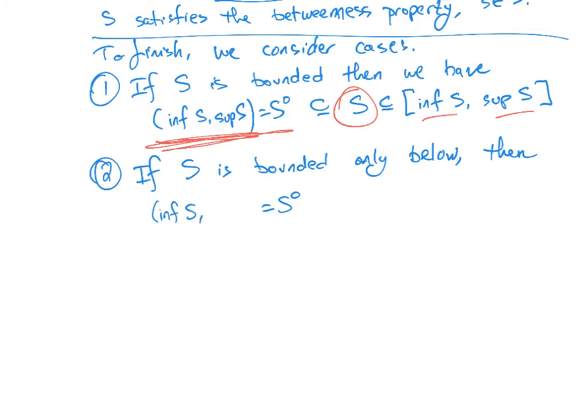S has an infimum, so anything bigger than the infimum is not going to be a lower bound. And S, it's bounded only below, so it has no upper bounds. So the set of things that are not bounds for S is the open interval from the infimum to infinity.